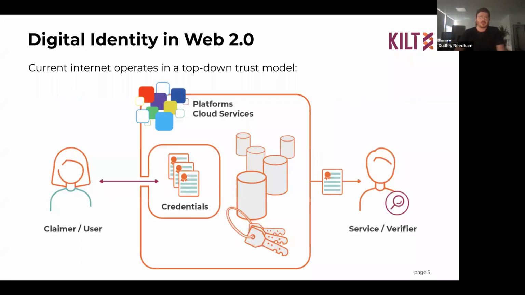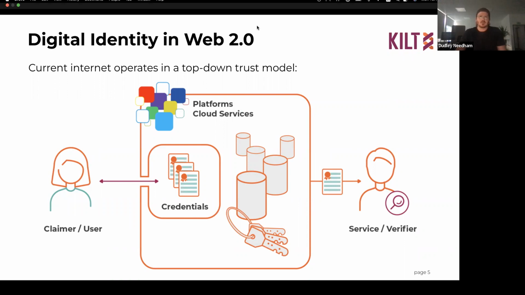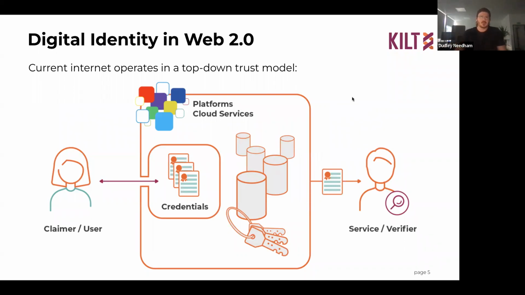Yeah. So I've touched on these points before. What does Web 2 do currently, and how does it work? Some of you are developers, and some of you have worked with OAuth or logins or anything like that.